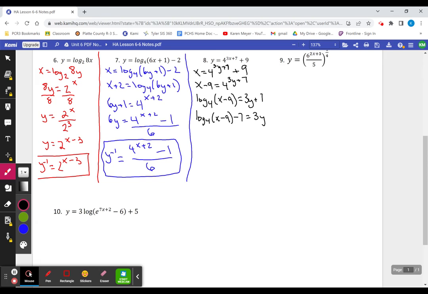And then the last thing, to get rid of the 3 in front of the y, we're just going to divide it away. So my inverse is log base 4, inside my parentheses x minus 9, then minus 7, all over 3.